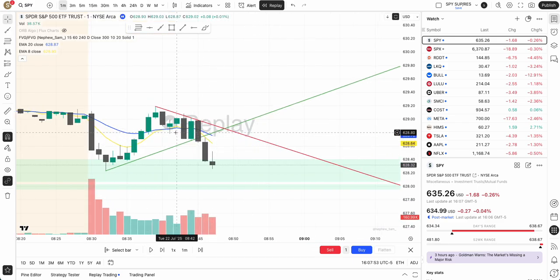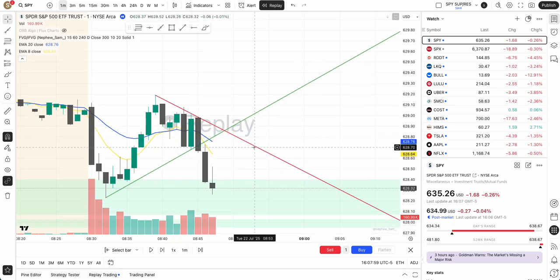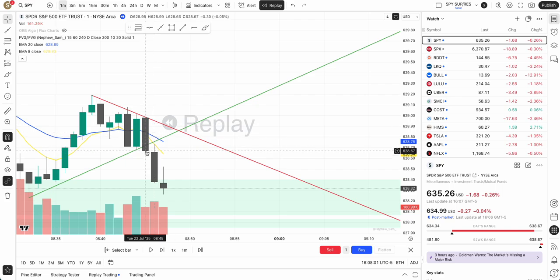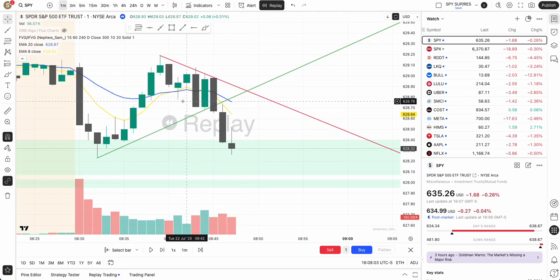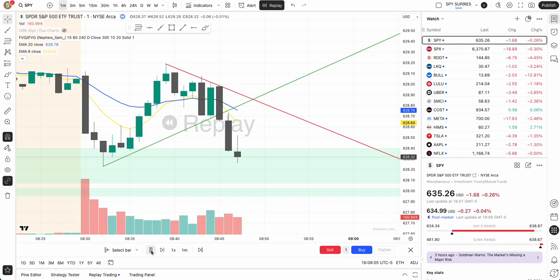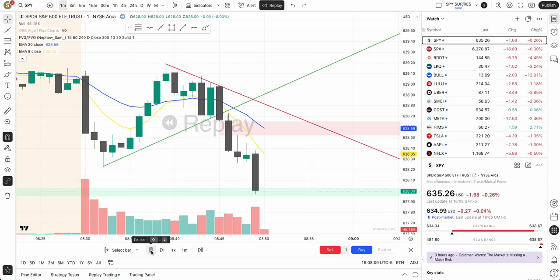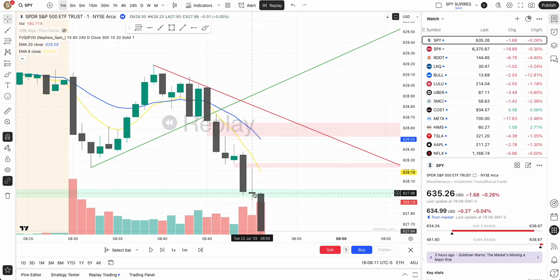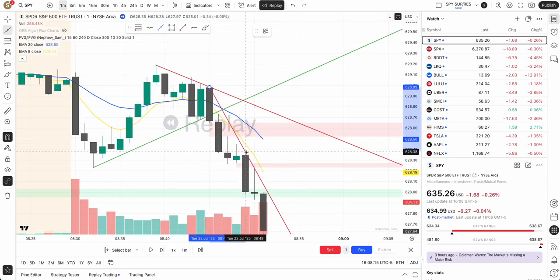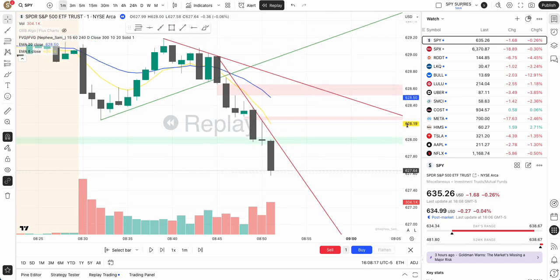Okay, we get a break here, and then yellow's below blue. On this candle, yes, yellow's below blue, so you could have marketed in. Okay, and then we get the bounce here, so we're gonna mark our downtrend.